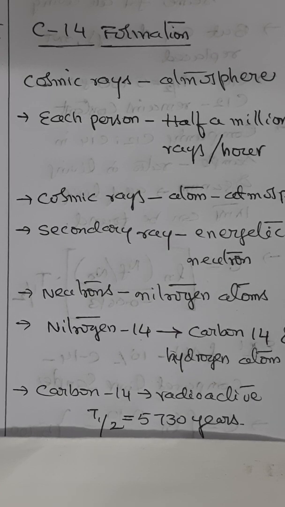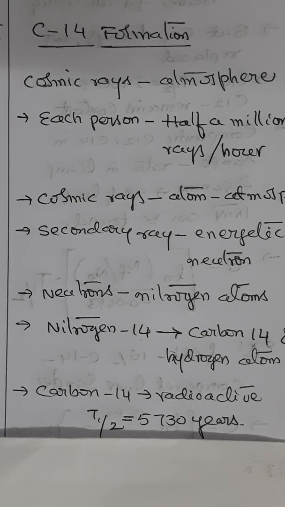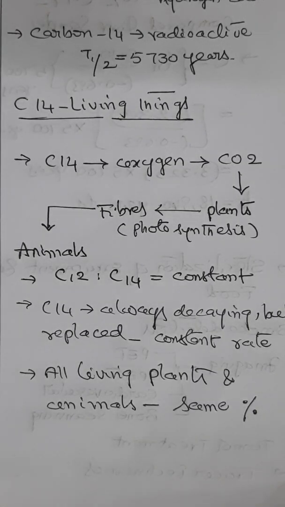Carbon 14 is a radioactive material. Its half-life is around 5730 years. Now let us understand carbon 14 in living things.